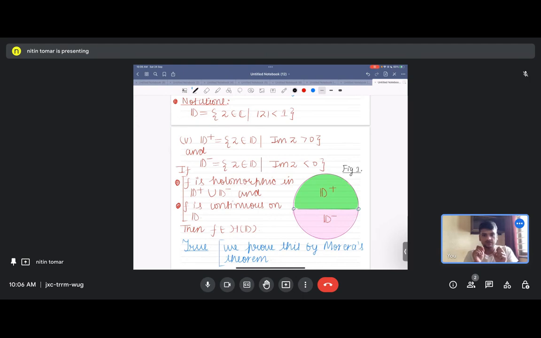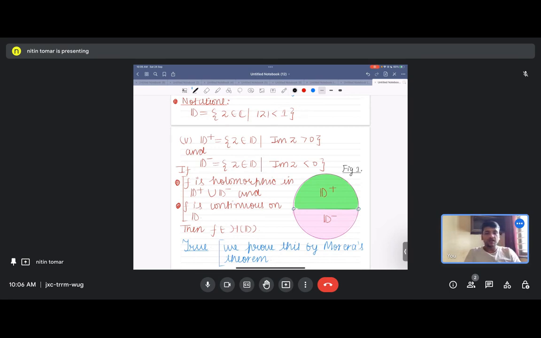And it says f is continuous on the open unit disk. So continuity is given and holomorphicity is given except for a very thin part of the open unit disk. As compared to the open unit disk, the part where the holomorphicity is missing is very thin. It's just a line segment starting from -1 and ending at 1.